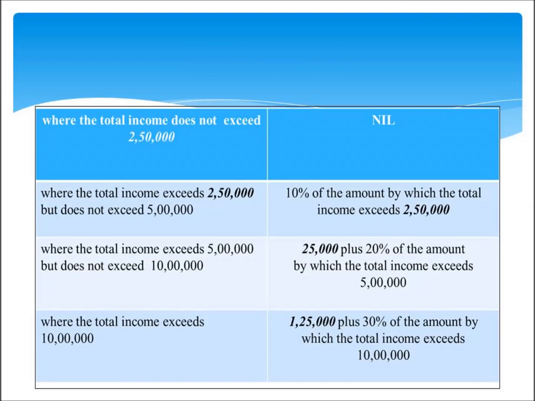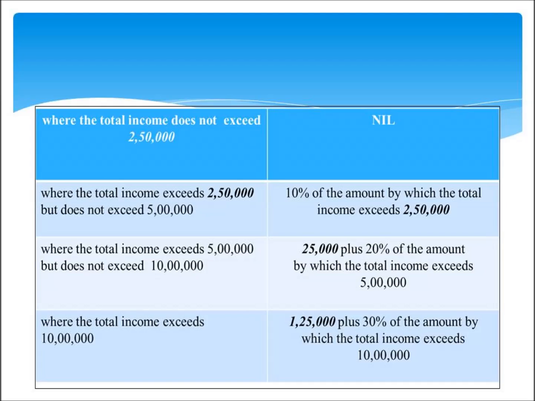First comes the slab rate for individuals. What are the different slabs as per the Income Tax Act, according to which the income of an individual is taxed? We all know the definition of individual. Who all are included under the definition of individual? So for them, this is the slab as per which the income will be taxed. Where the total income does not exceed 2,50,000 in a year.